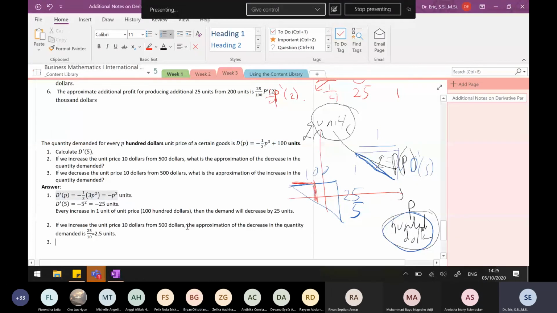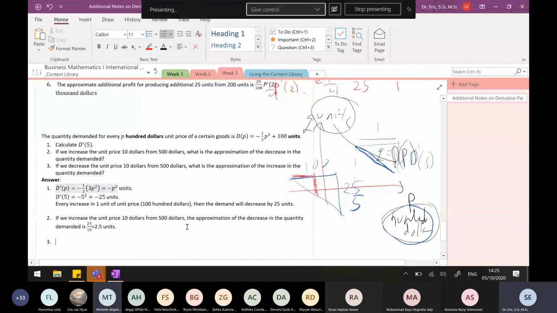Negative, sir. Should it be negative? Yeah, decrease by 25 is minus 25. So this decreases 25. If we decrease the unit price $10, then the approximation of the increase in quantity demanded goes the other way around.